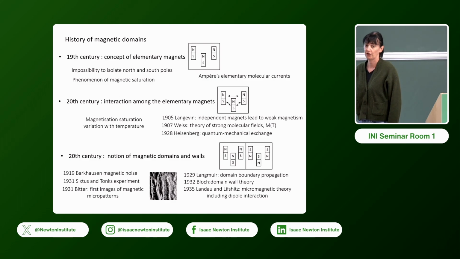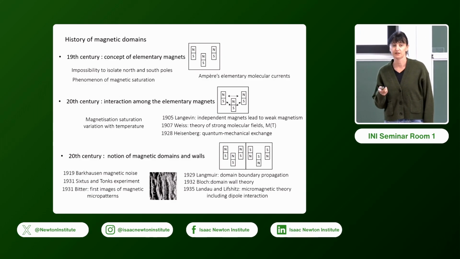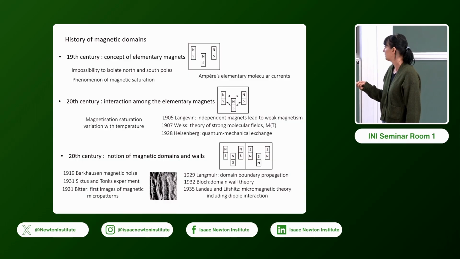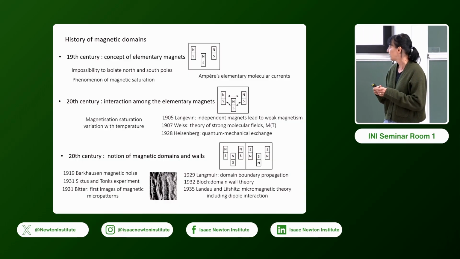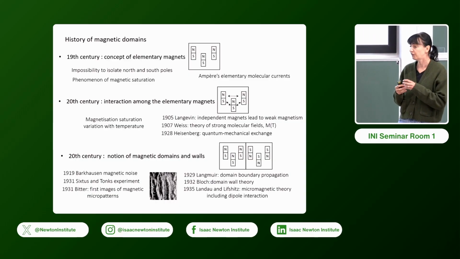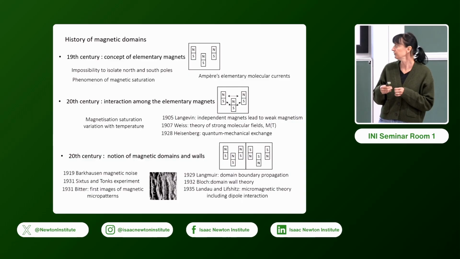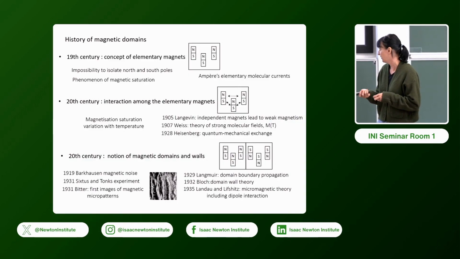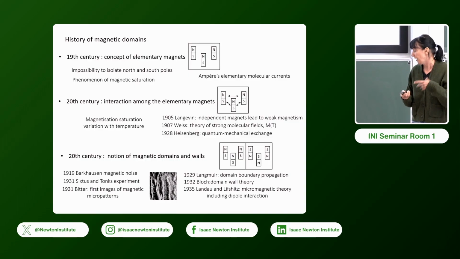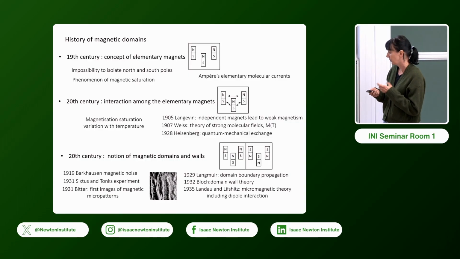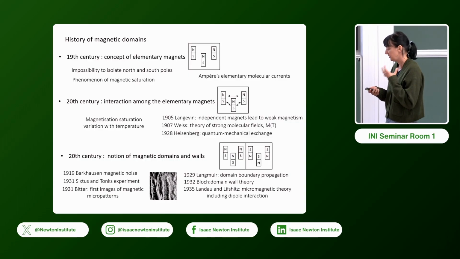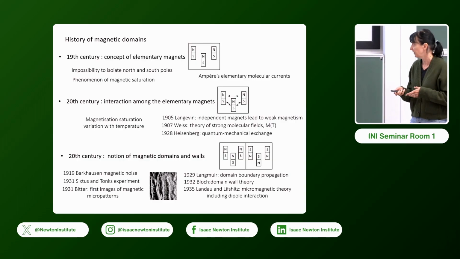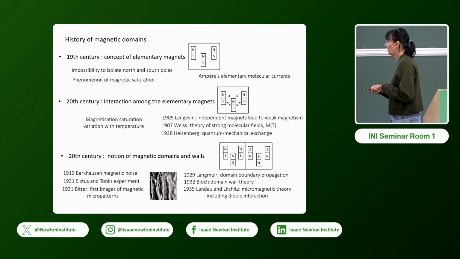Experimentally, the first hint of the existence of these domain walls is the Barkhausen magnetic noise. You take a piece of iron with a coil around it, and you amplify the current that is passing through the coil, and as the iron core gets magnetized, there is this noise, which corresponds to domain walls moving and pinching, that was heard.